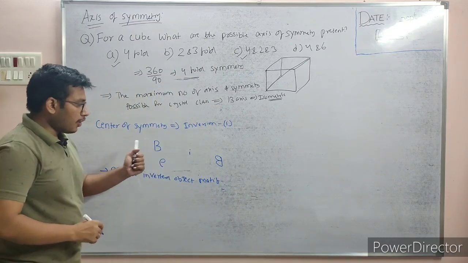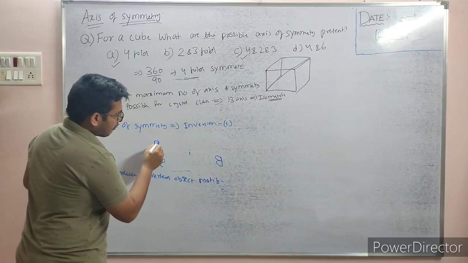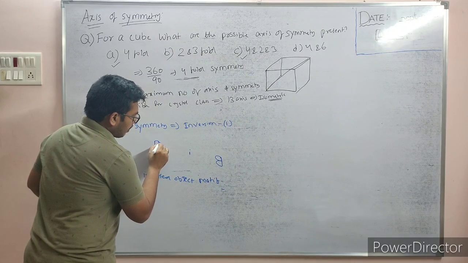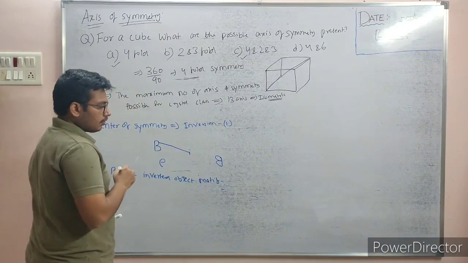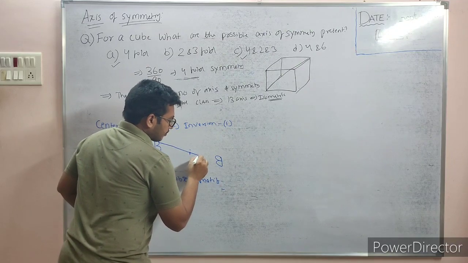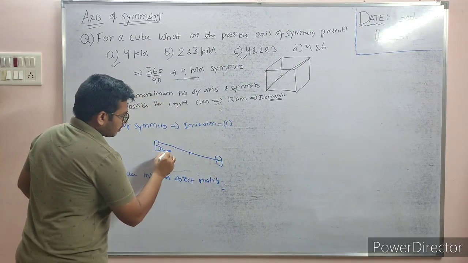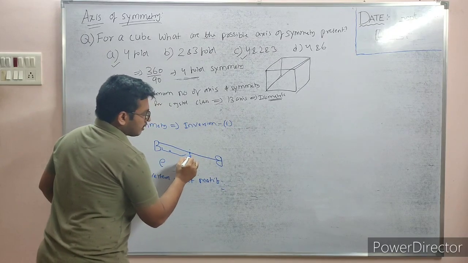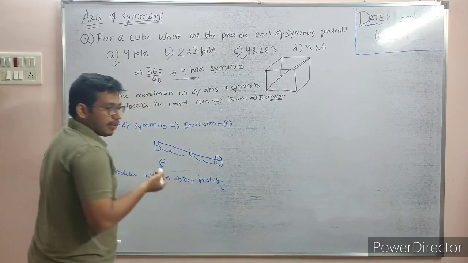But when you draw a line from any point on this object through the inversion center to the other side of the inversion center, the distance from this point to the inversion center and the distance from the inversion center to the other point are the same, an equal distance.